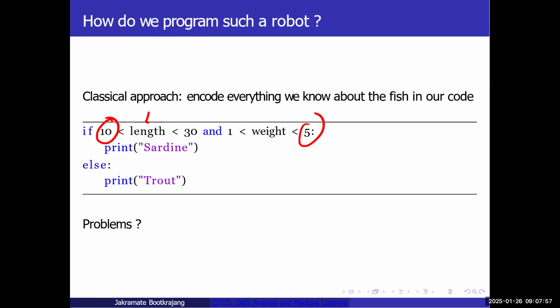And this number can come from observation, right? Basically, they can just go to the factory for a day, and then you look at all the trout, and then you measure, right? And then you just take the minimum and maximum for that day, and then you have a code for sorting the trout and the sardine.